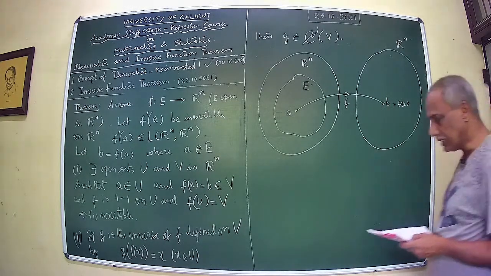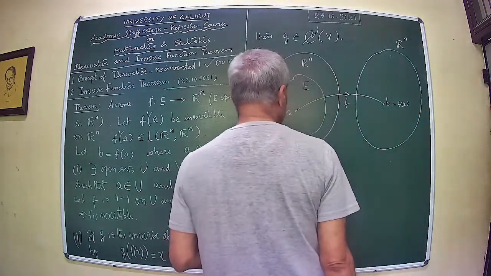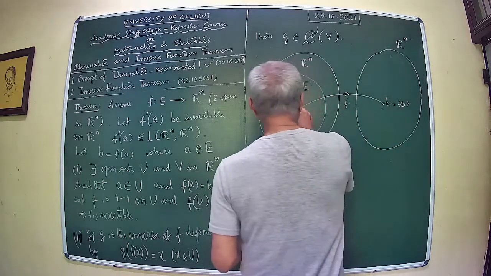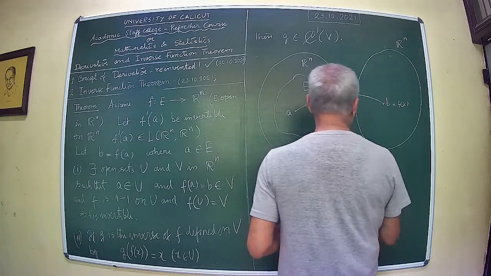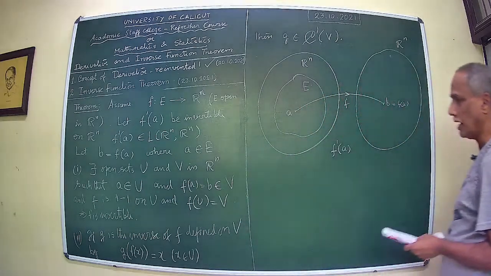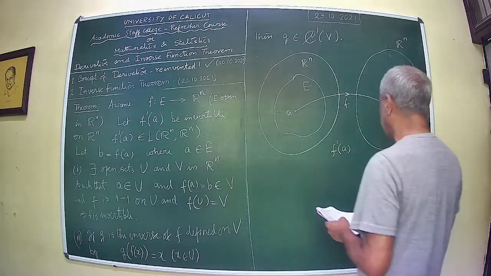Then what you can assert is the following. We assume, this is the central assumption, that f derivative of A, which is an operator from Rn to Rn, is invertible.